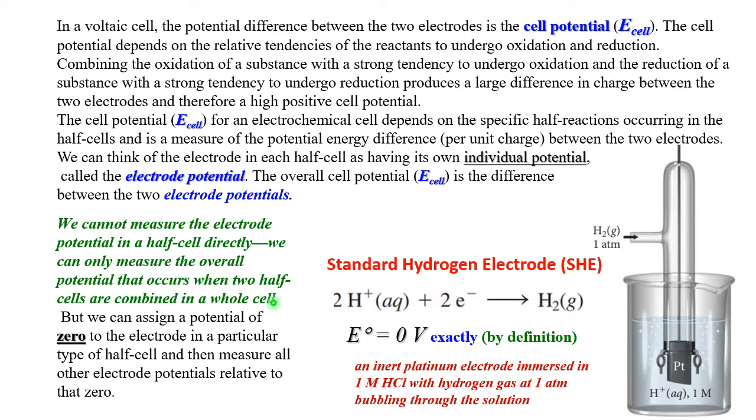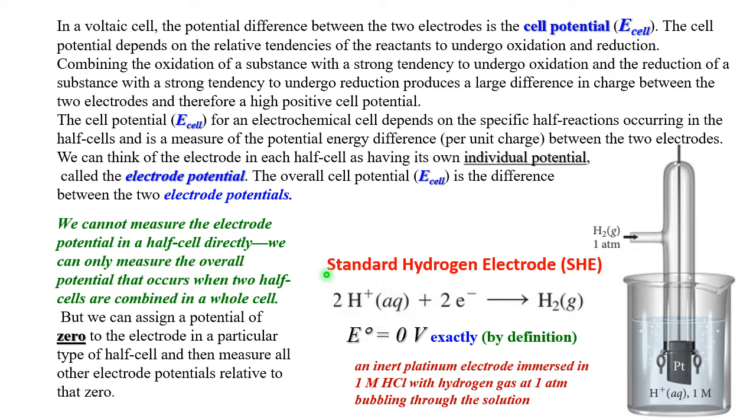What can we do? We can assign the potential of 0 to some specific electrode. So we need to find particular type of half cell, measure all other potentials relative to this half cell, and say that this potential was 0. There is common agreement to use so-called standard hydrogen electrode, SHE. Why? So the reaction is fantastically simple.